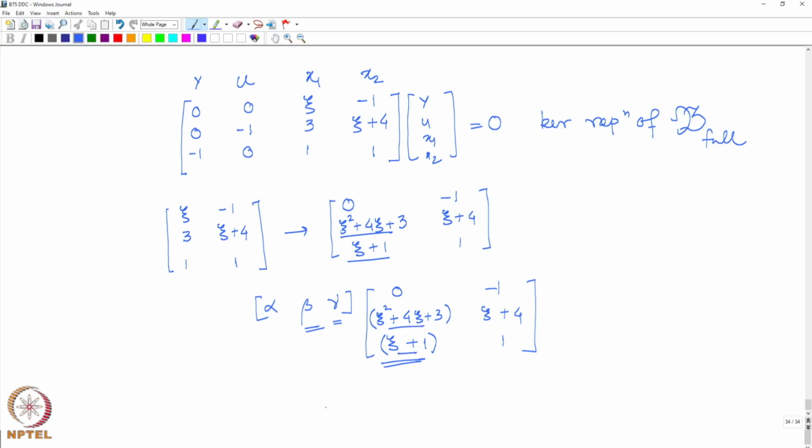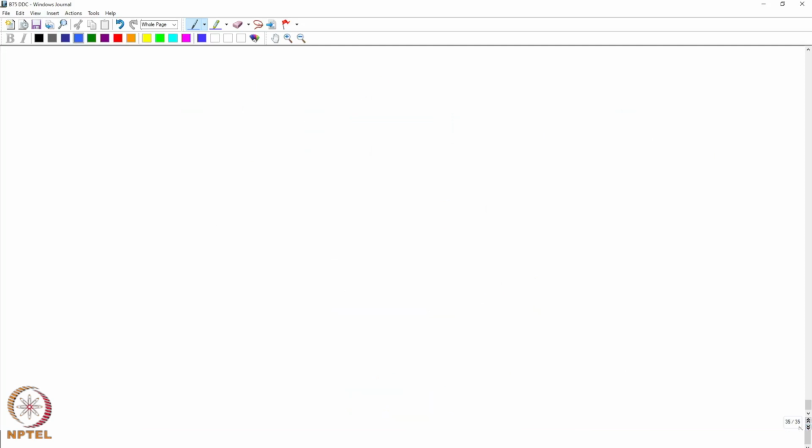So, like before I could have taken beta to be equal to -(xi plus 1) and gamma equal to xi squared plus 4 xi plus 3, but that actually is redundant, because I could also have achieved the same thing by taking minus 1 here, and for gamma I take xi plus 3. Let us just check what happens with the second choice. I want beta times (xi squared plus 4 xi plus 3) plus gamma times (xi plus 1) to be equal to 0, isn't it?